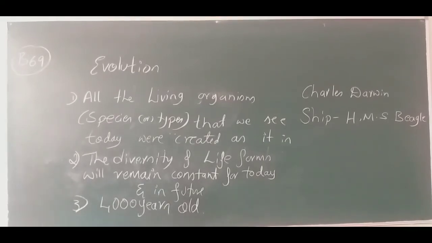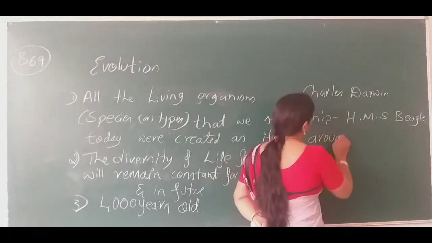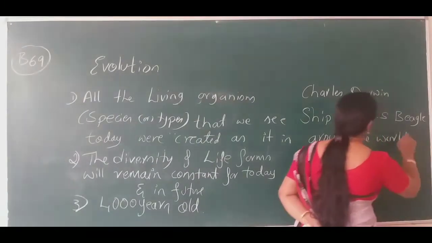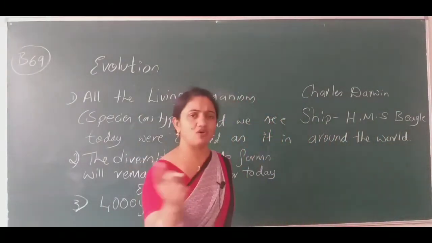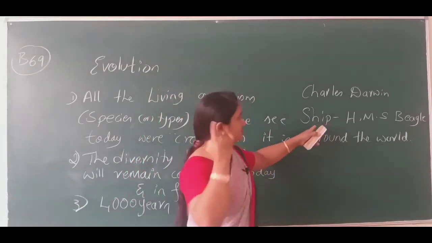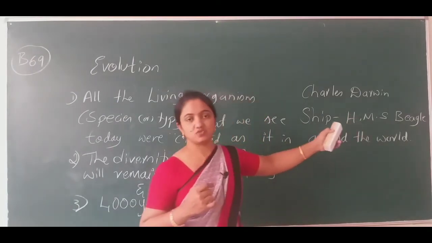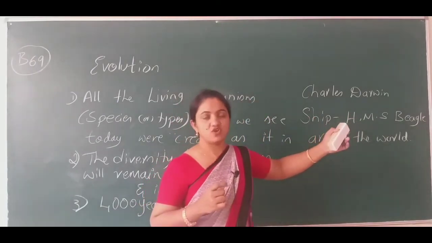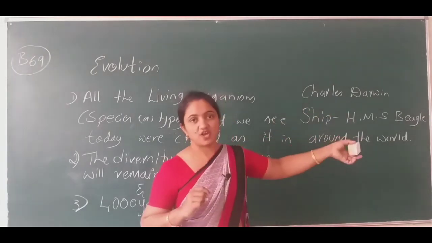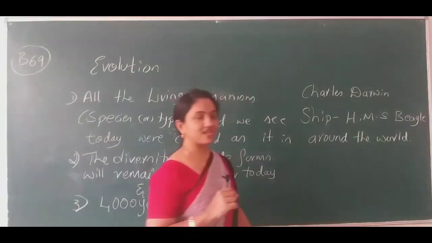So he traveled all around the world by this ship. Maybe they ask you in the examination what was the name of the ship traveled by Charles Darwin. So you have to write HMS Beagle.